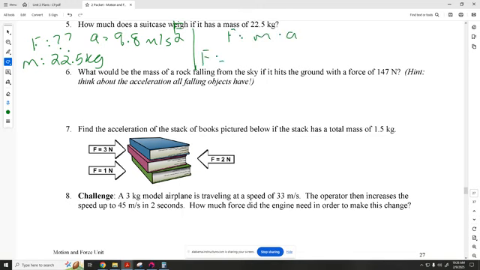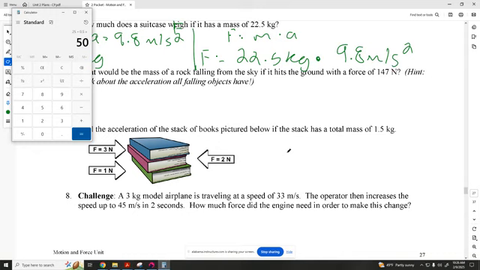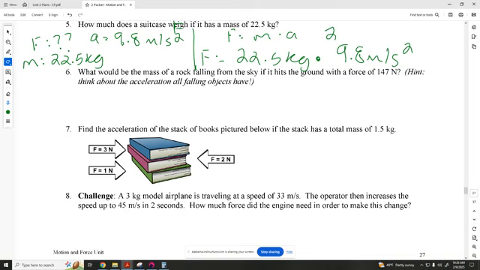So force is equal to mass, which is 22.5 kilograms, times my acceleration, which is 9.8 meters per second squared. 22.5 times 9.8. 220.5 newtons is the force or the weight.